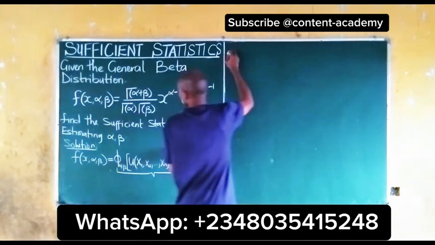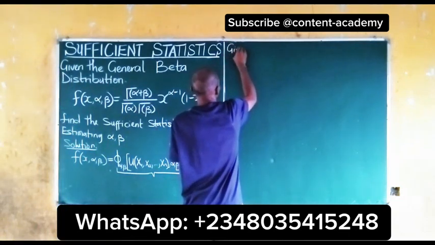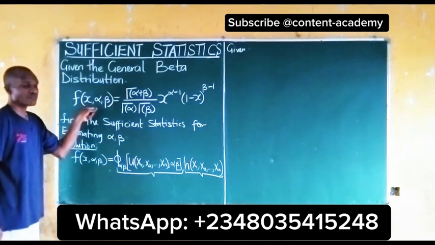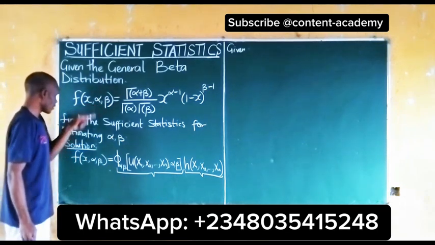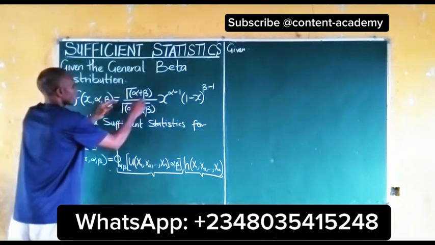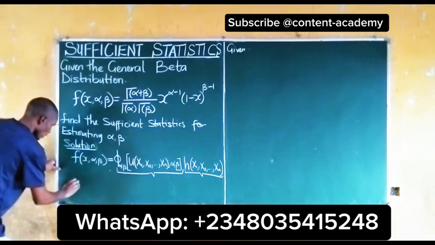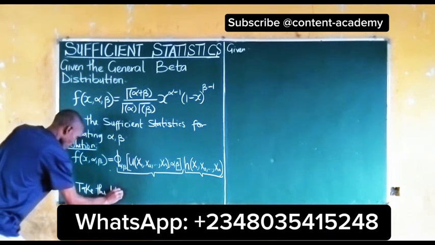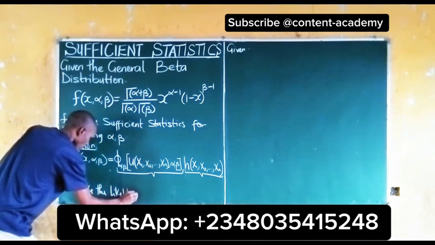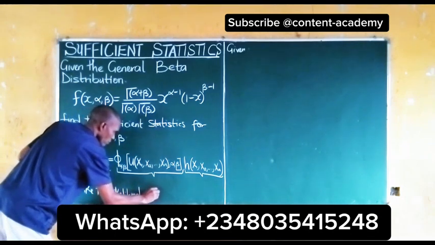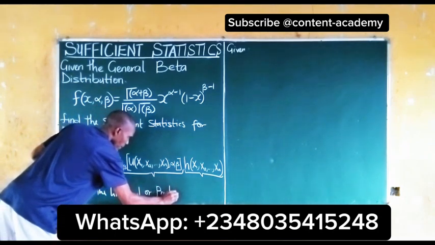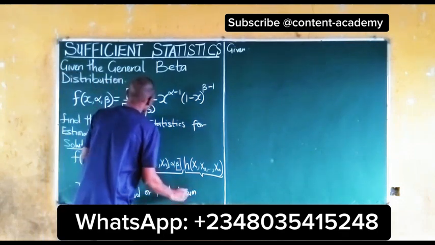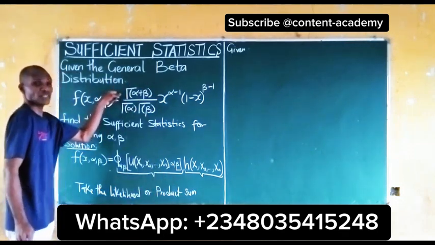Now, the first thing to do is to find the likelihood function. To split this into two components, we take the likelihood, or the product, of the given function, the given beta distribution.